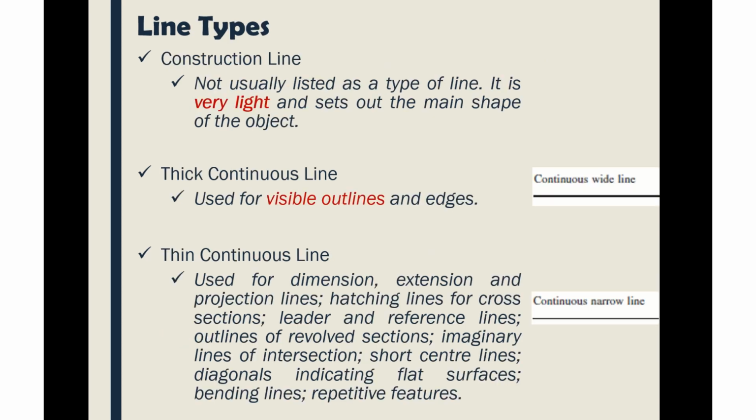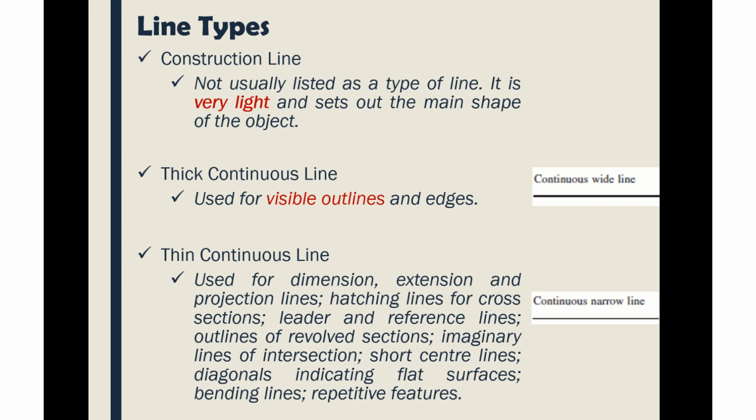Line types. We have different types of line, and first of them we have the construction line. The construction line is not usually listed as a type of line. Actually, it is very light and sets out the main shape of the object. It is expected that, if possible, it should not be visible to the person that is looking at the drawing, because it is meant to be a construction line.